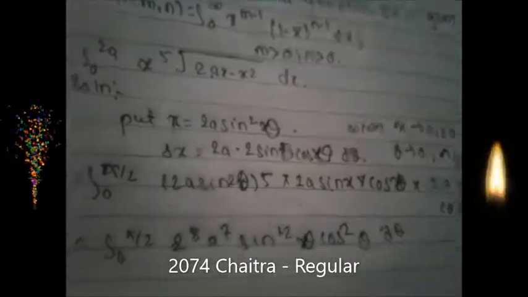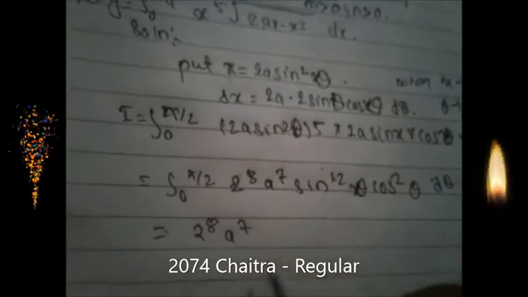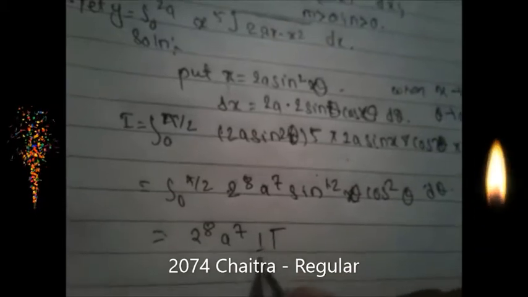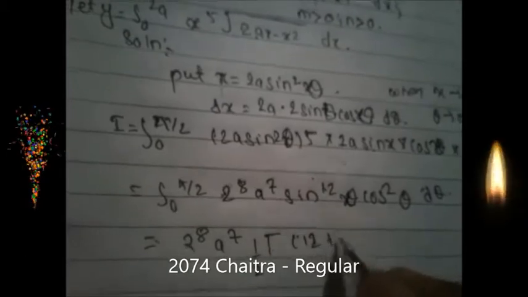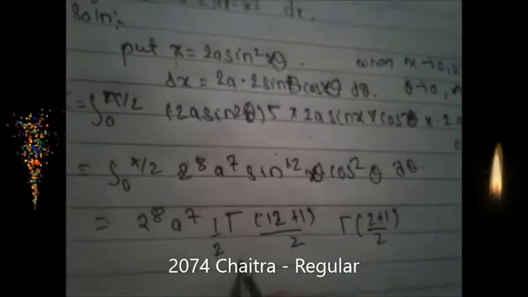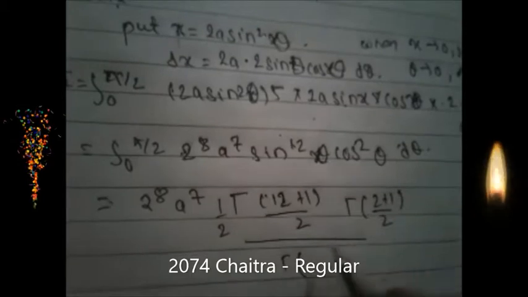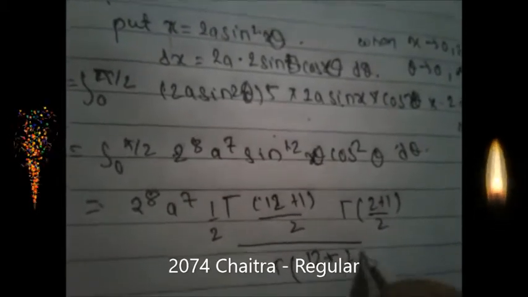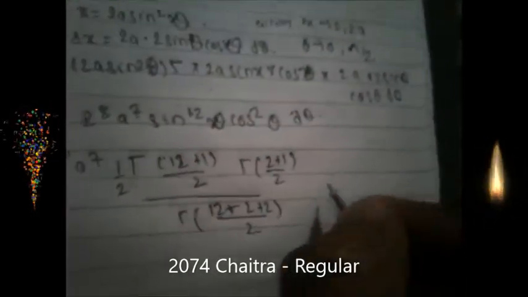Now 2 to the power of 8 and a raised to the power 7 comes out. Now we use the formula of 1 upon 2 times gamma of 12 plus 1 by 2, gamma of 2 plus 1 by 2, upon gamma of 12 plus 2 plus 2 by 2. When we solve this, what do we get?